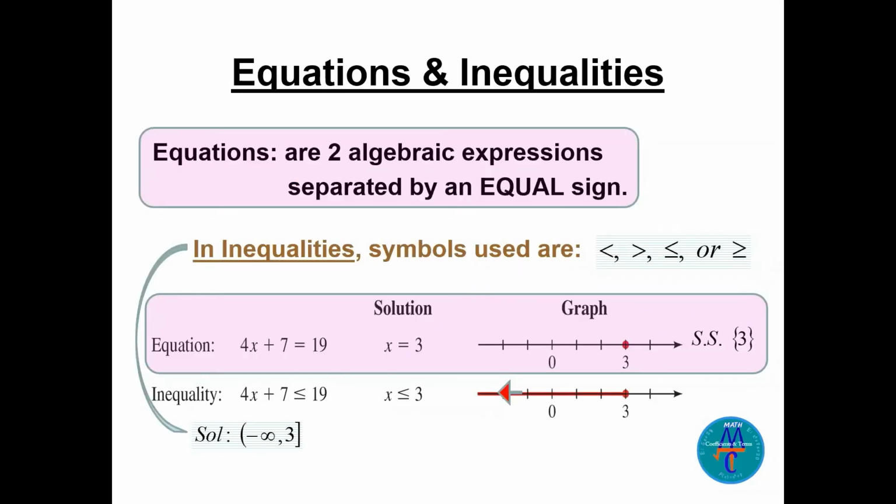Now let's look here at the difference between equations and inequalities. I think it's clear now, but equations are two algebraic expressions separated by an equal sign. There are many types of equations, but we have to have an equal sign, like 4x plus 7 is equal to 19.